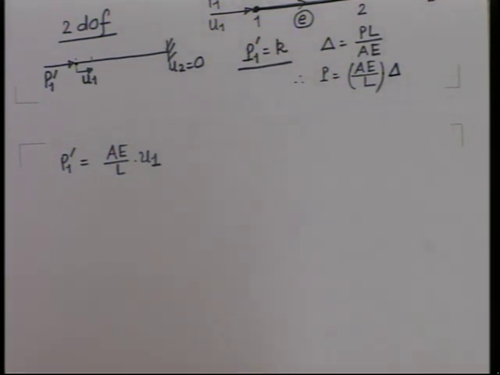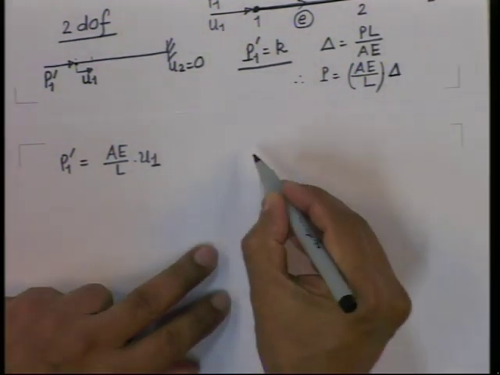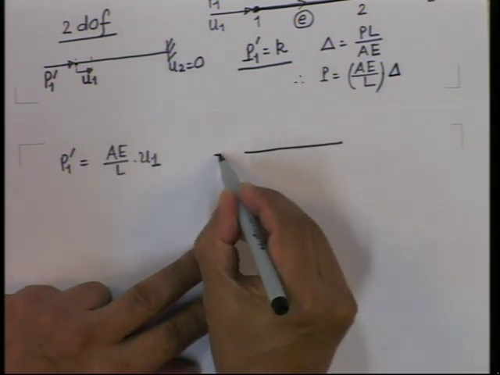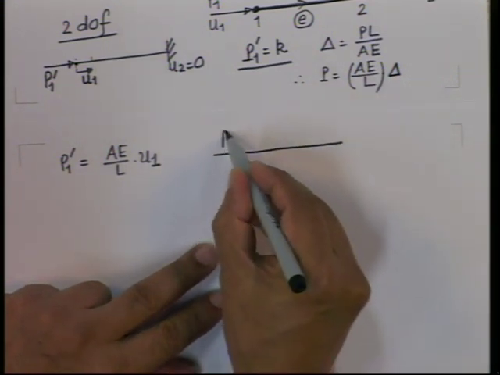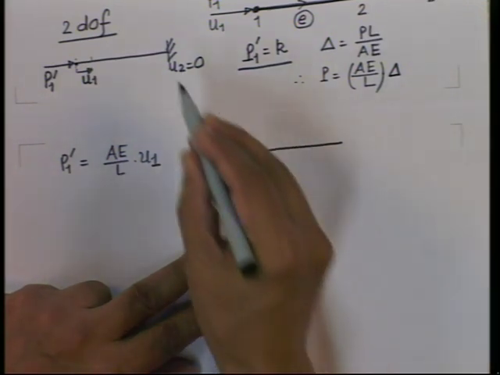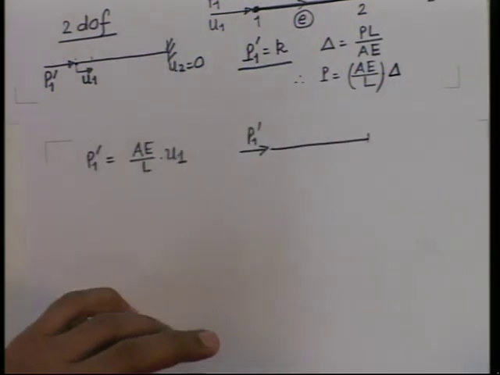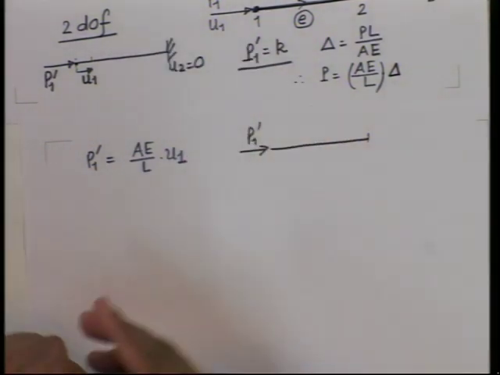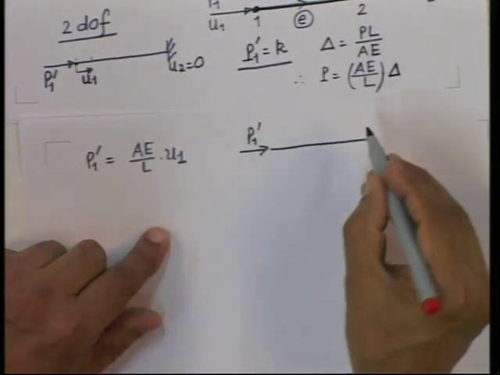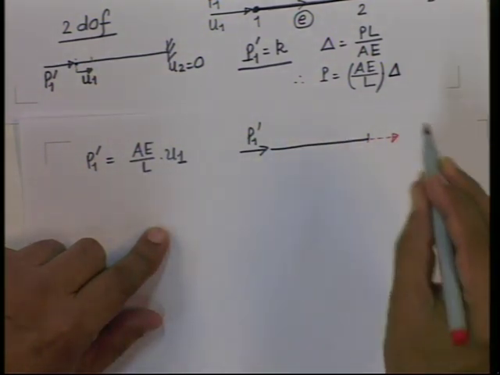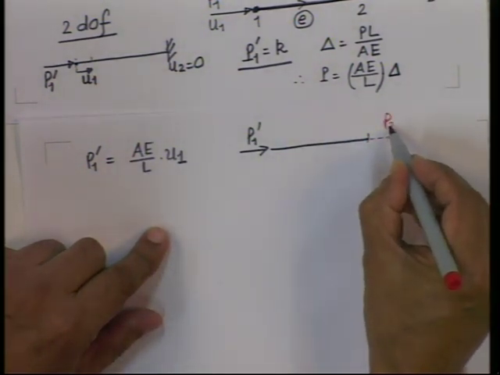Then, for this rod, if you apply equilibrium for P1 dash, I am drawing the free body diagram. I have removed the support, so there must be a reaction. Let me call this reaction, direction kept the same, P2 dash.